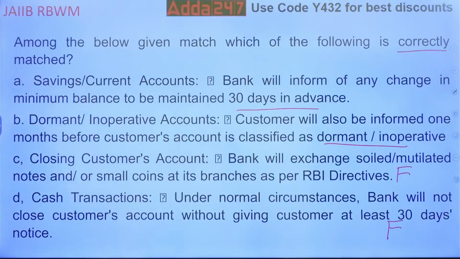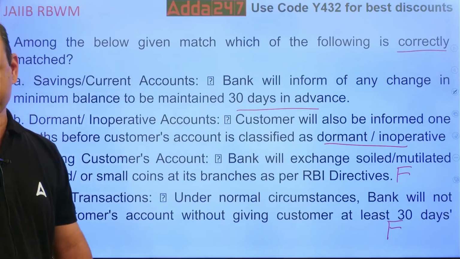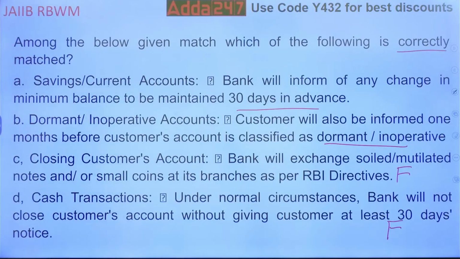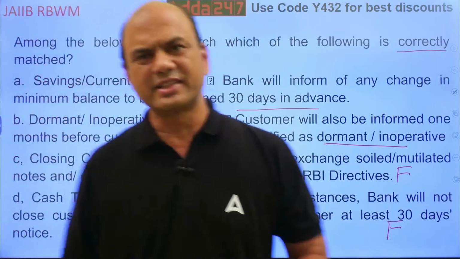Yes, okay, I'll give you the answer. The answer is 30 days. The answer is A. Now about the dormant accounts. See, the answer is A over here.